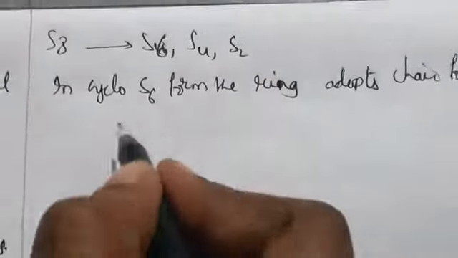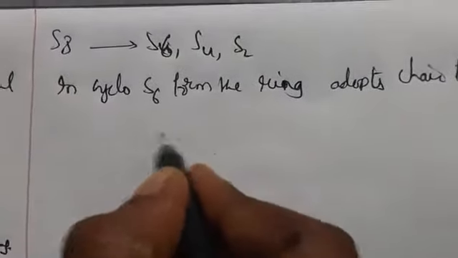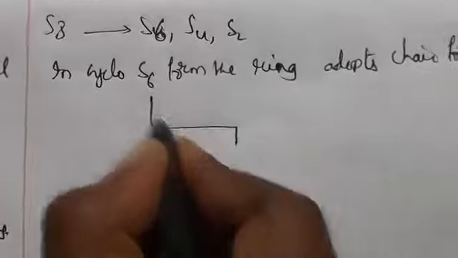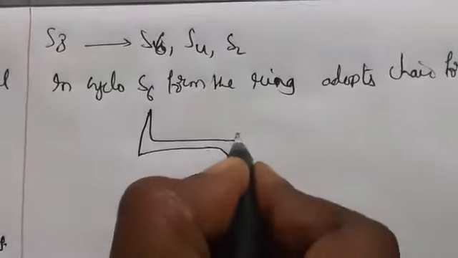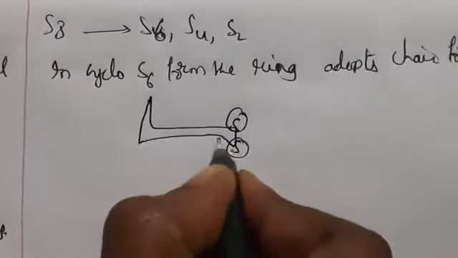The most stable allotropic form of sulphur is rhombic sulphur. Here we have six sulphur atoms in the chair form. This is the S6 form, and this is the S8 form, or crown.